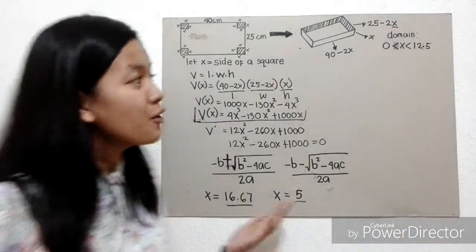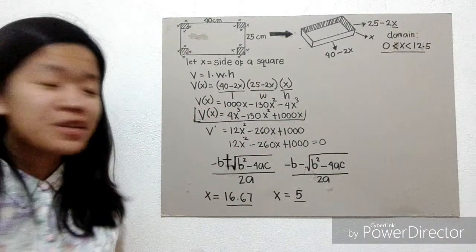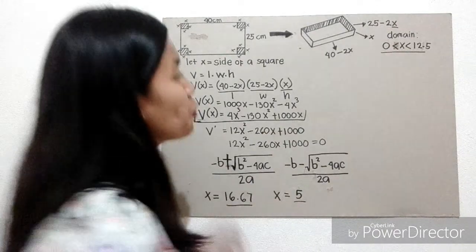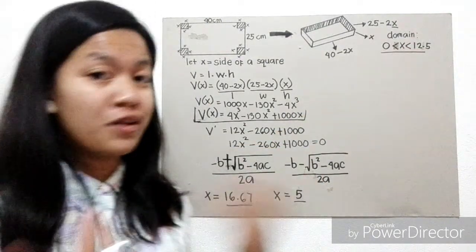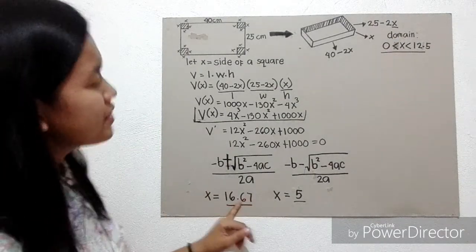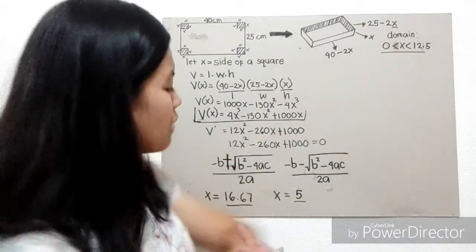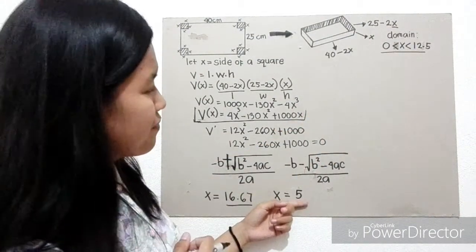Now that we already have our domain, we can check which of these two x's would fit our criteria or our domain. 16.67 clearly exceeds our limit, which is 12.5, right? How about this 5?